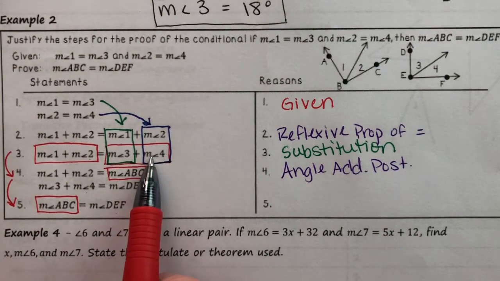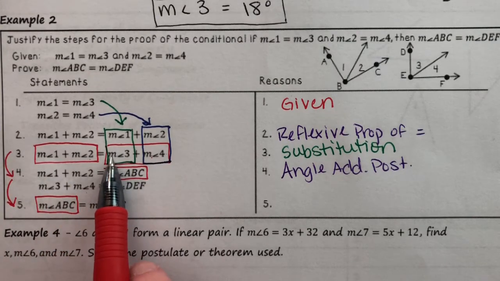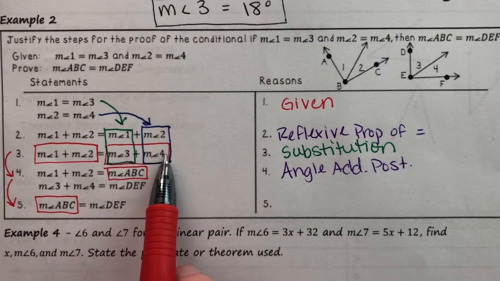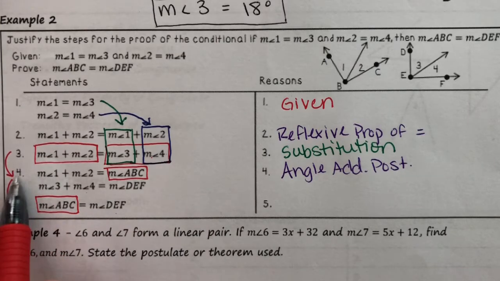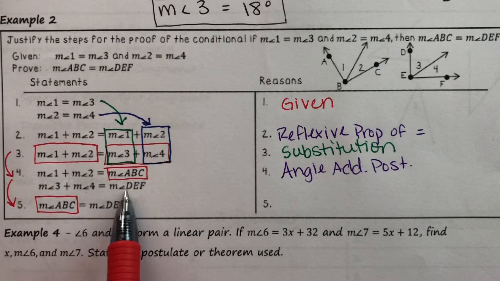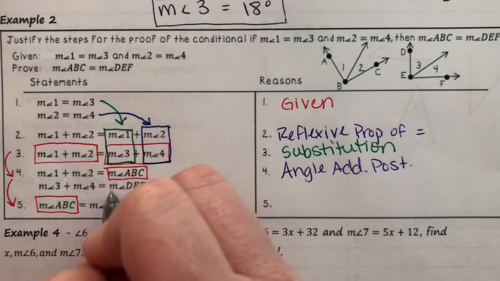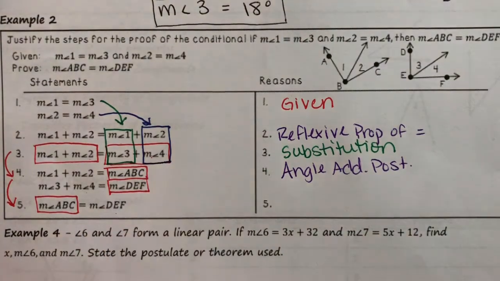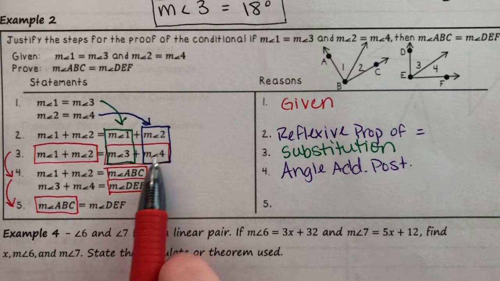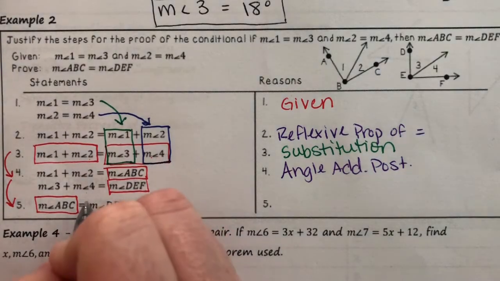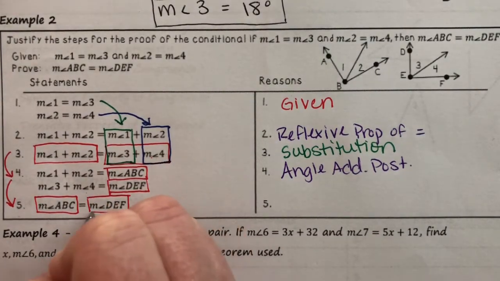Same thing with the other side of the equal sign. In step 3, I have measure of angle 3 plus the measure of angle 4. In step 4, I said that that was equal to the measure of angle DEF. So in step 5, I'm going to put those together, and I'm going to say angle 3 plus angle 4. I'm going to replace it with DEF and just write this guy right here.